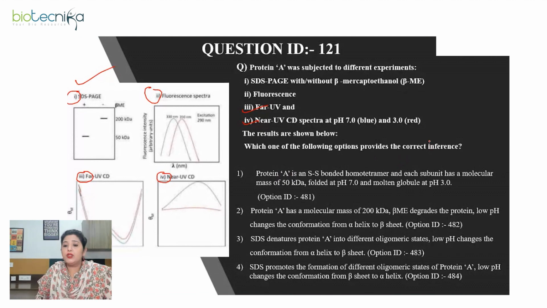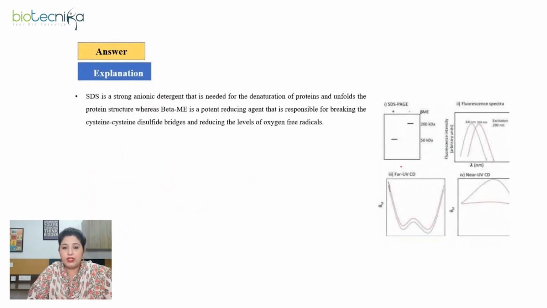To answer this question, we have to go through the options one by one. The first option says that protein A is an SS bonded homotetramer and each subunit has a molecular mass of 50 kilodalton. First, recall the function of SDS, sodium dodecyl sulfate. It is an anionic detergent needed for denaturation of proteins, and it unfolds the protein structure.